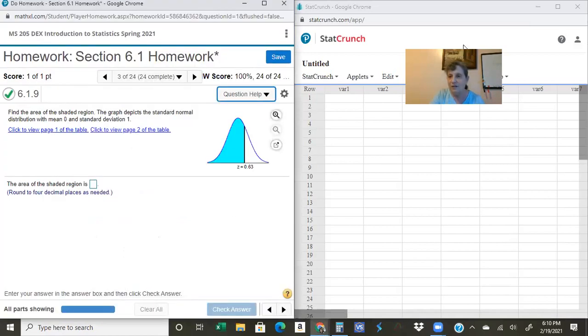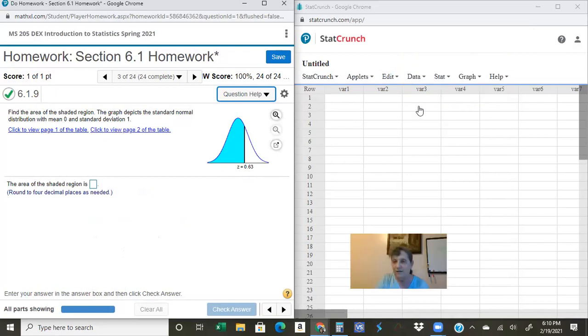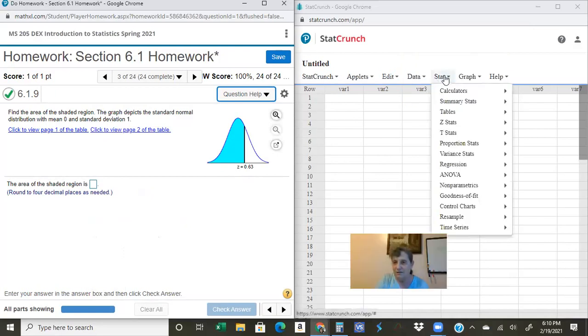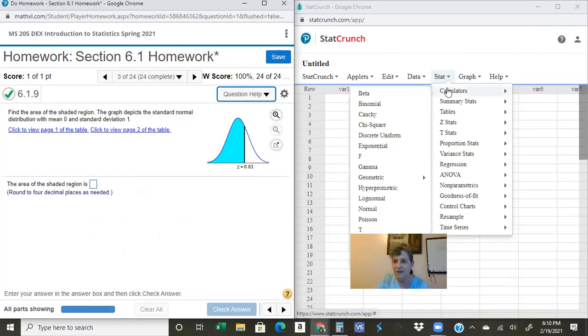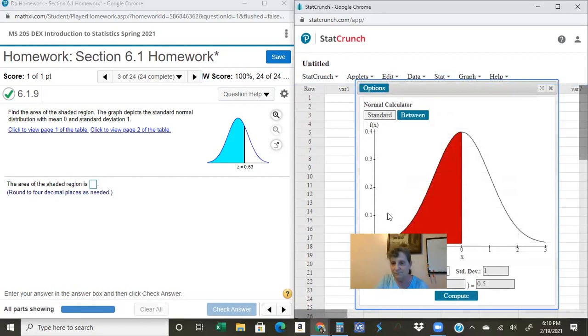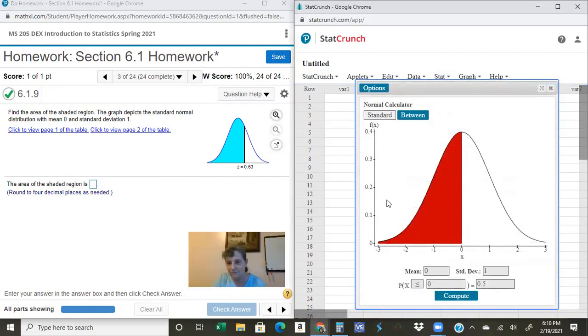So what you do, go to Stat, write this down, Calculator. This second menu might go on the left or the right, but locate Normal. So we're using the Normal calculator. Let me just slide this all the way over.